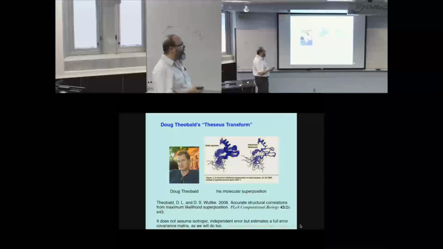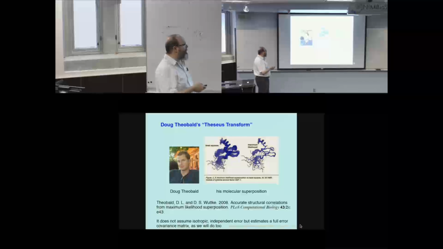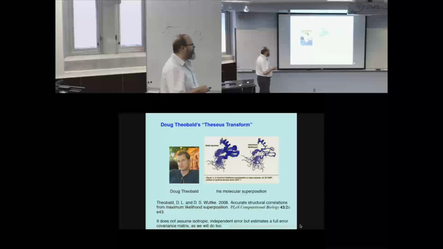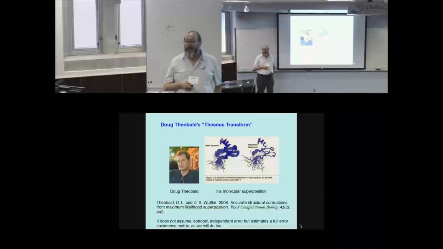So he came up with the idea that the noise should be an arbitrary covariance matrix that you want to estimate. And then he came up with a maximum likelihood method of superposition. He made some more assumptions. And here's the superpositions he gets. He gets very good superpositions up here because when he gets down here, he just kind of lets it go to hell.